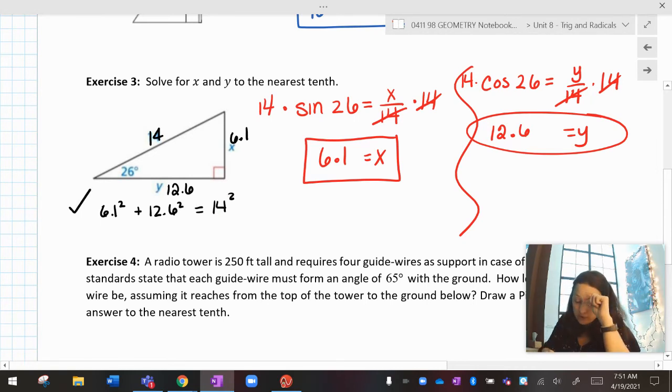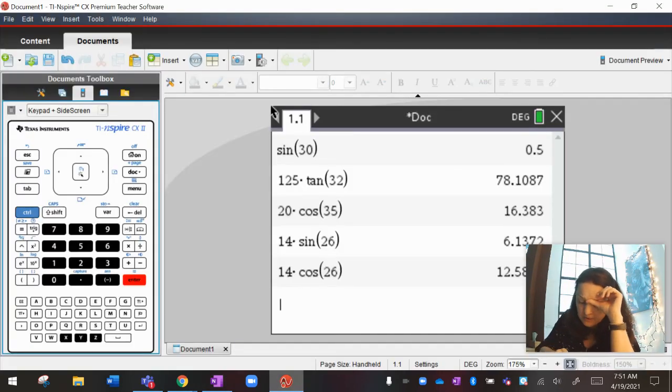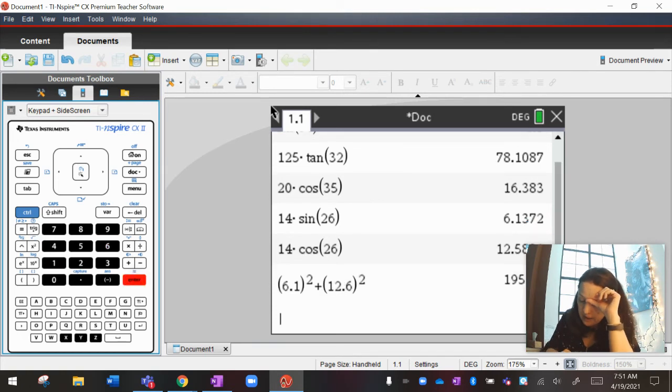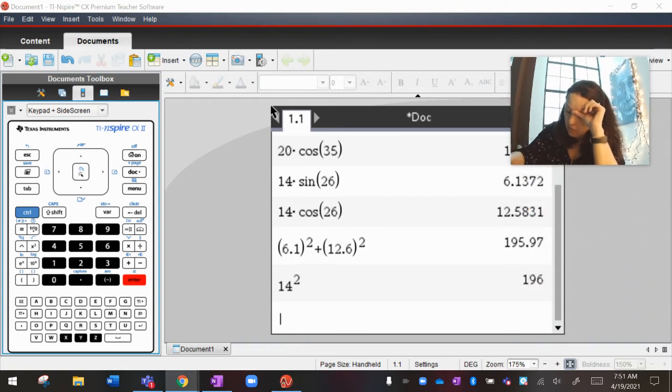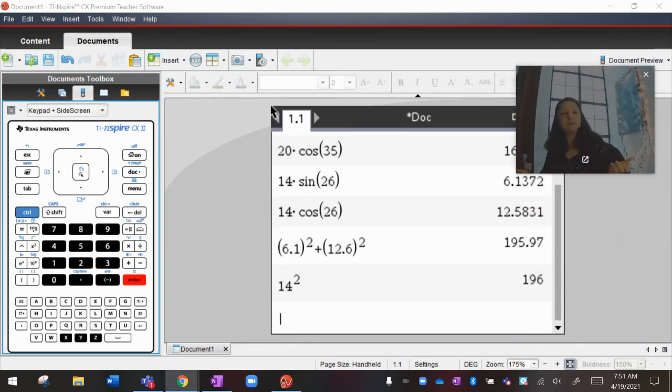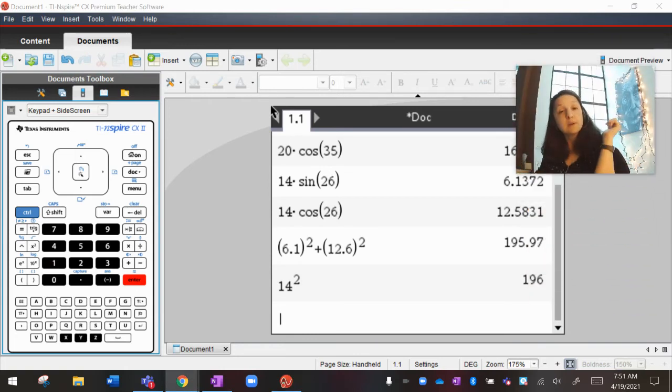Let's see if that works. It's not going to be exact because we rounded, but 6.1 squared plus 12.6 squared, and I want to see if that equals 14 squared. 195.97, 196. It does. I'm pretty confident in my answer now.